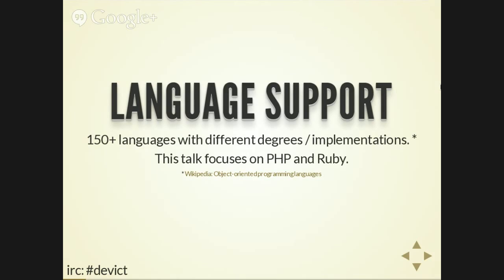They all have different syntax and takes on them. So for this talk, we're going to focus on just PHP and Ruby. PHP because that's what I'm good at, and Ruby because that's what I wanted to learn about. I also know that we have a lot of people in this community that know Ruby or are learning Ruby.